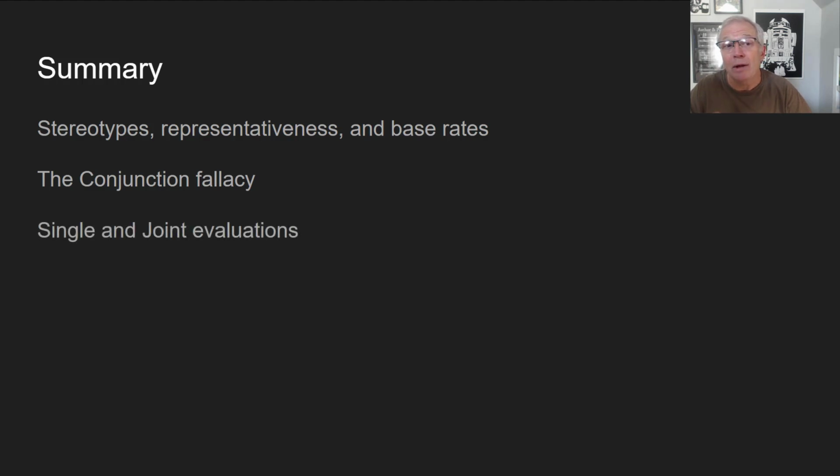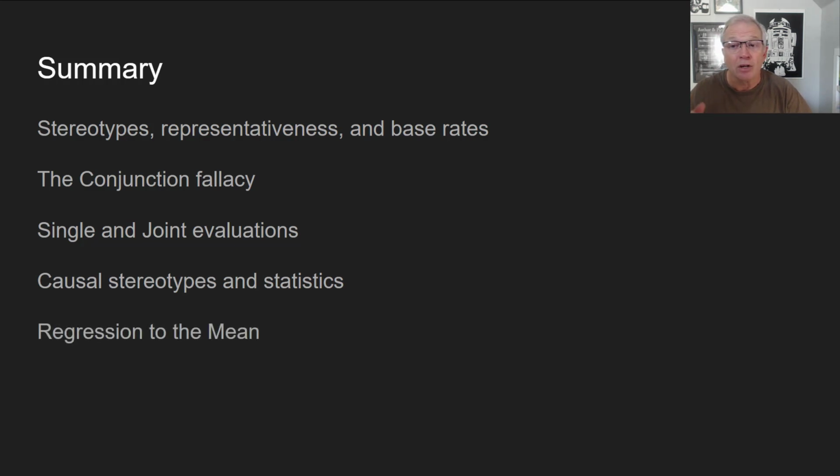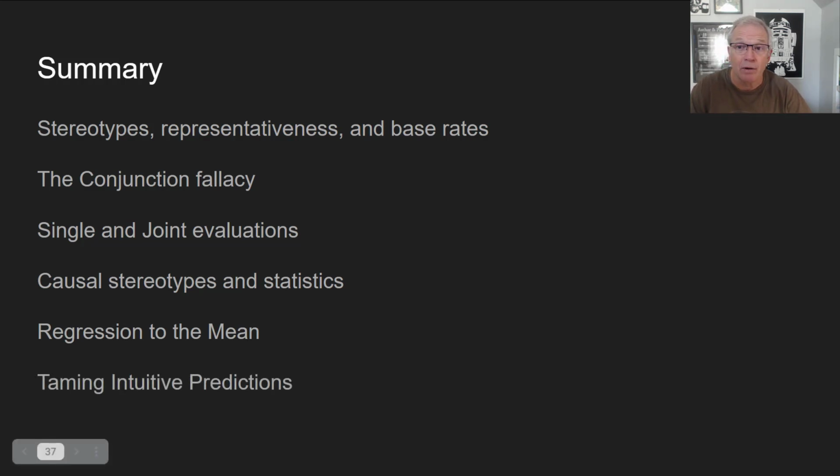We've talked about single and joint evaluations, the case of the plates, 8 plates and 4 plates versus 8 plates, chipped and perfect plates, and the way that averaging poisons our view about the other good plates. We've talked about causal stereotypes and the way they mislead us with statistics, then regression to the mean, and taming intuitive predictions. All right, so that's the end of our discussions of Kahneman 10 through 18.